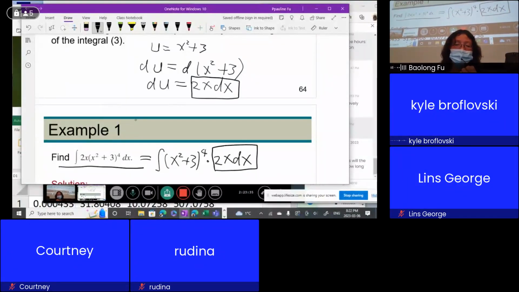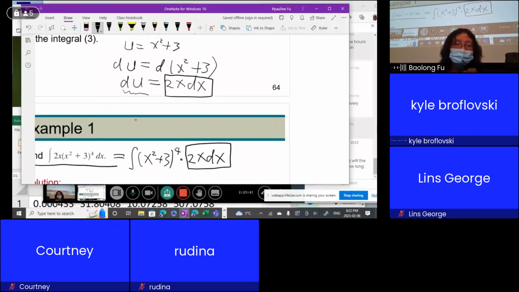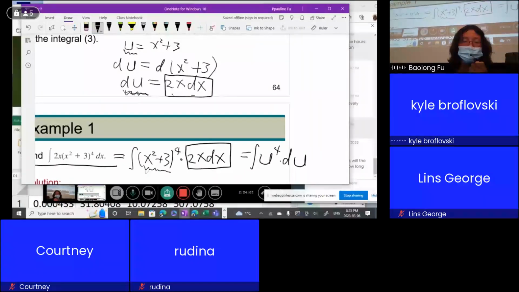So I will replace 2x dx with du. At the same time, I will replace x squared plus 3 with u. So u raised to power 4, then du. Du is 2x dx. Initially, I make u equal to x squared plus 3.